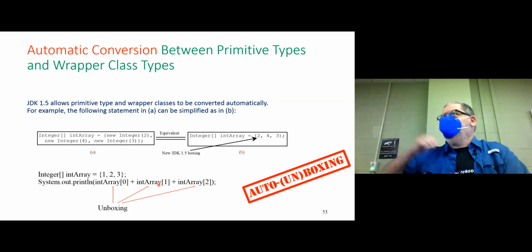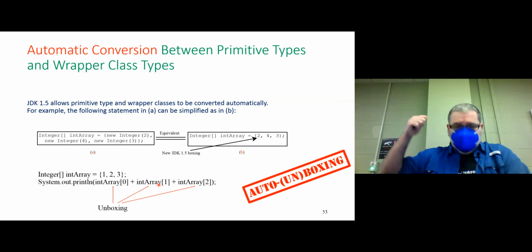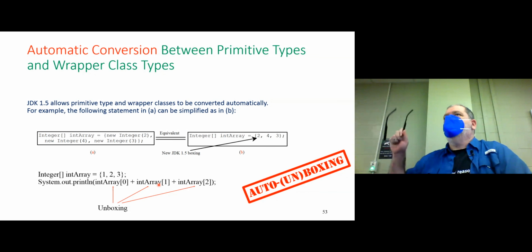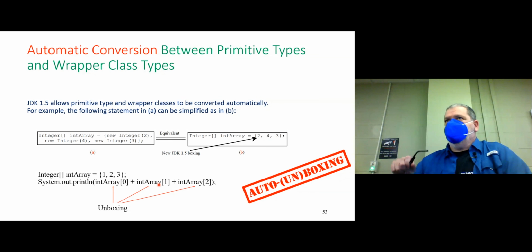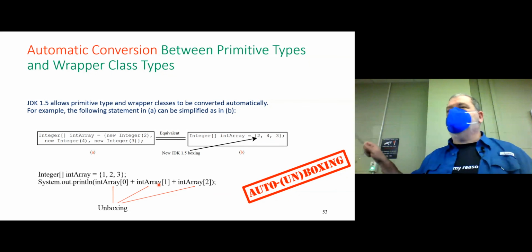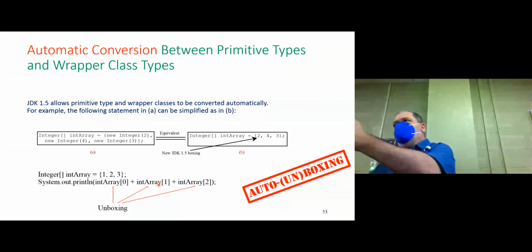So if we go step by step, you are going to take int array index 0. You realize, crap, there's a plus, it's supposed to be a primitive data type, I have an Integer object instead. Unboxing. I go from the Integer object to a primitive value, I convert, okay? So now I can apply the plus to it. Plus what? Int array index 1, same situation. Let me extract the int value.